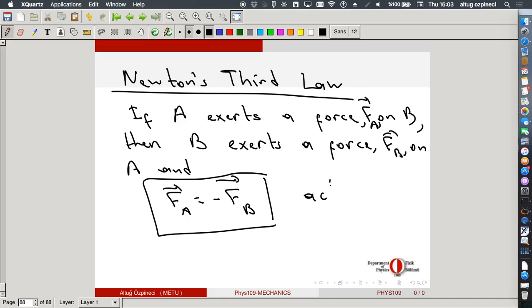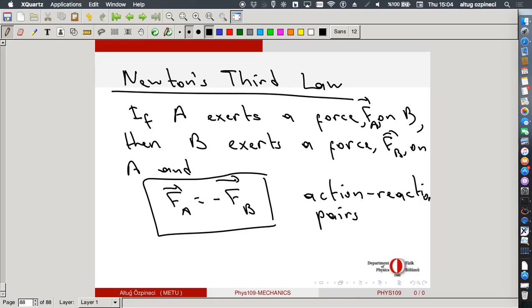These are sometimes called the action-reaction pairs. Okay, don't get confused. It's not one of them. The FA is the action, FB is the reaction force. Don't separate these two. Both of them are just pairs.